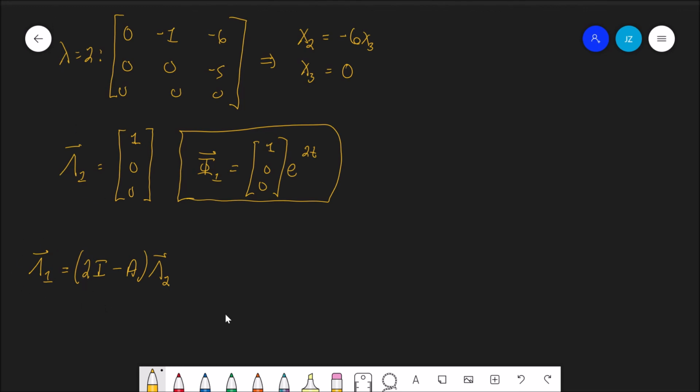This is the first eigenvector. This is the second eigenvector that we want. So we just have to solve for lambda 2.